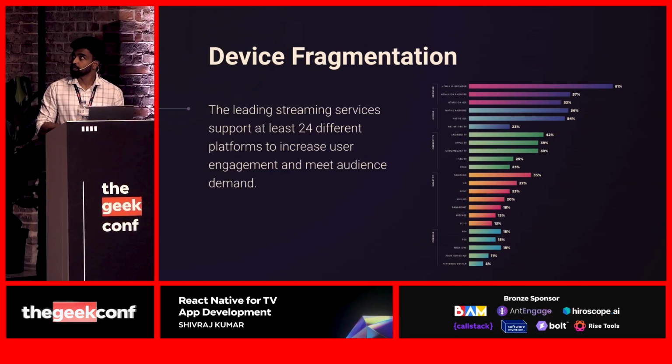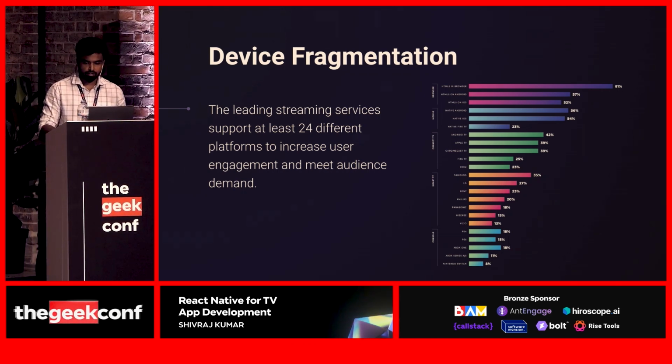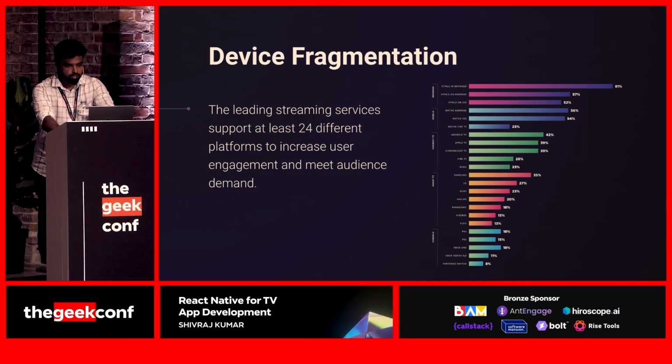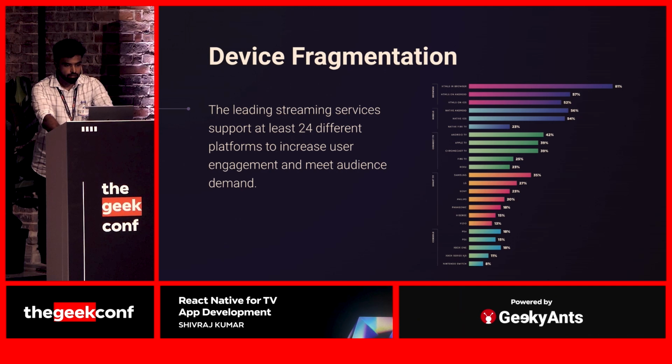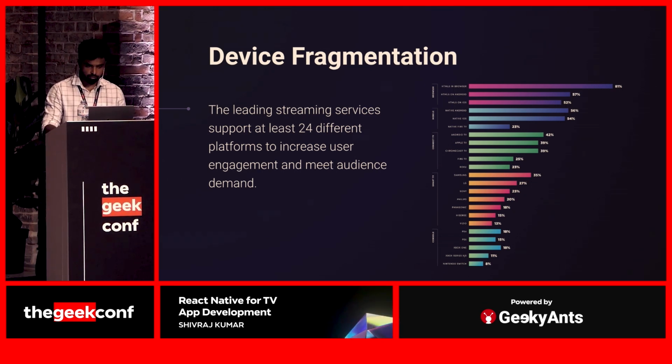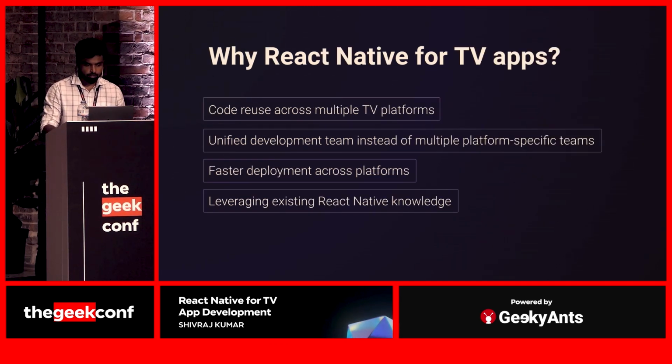But when it comes to TV, there are a lot of different platforms and OSs that we have to support, nothing like what we have for web and mobile. Some of the platforms we can see are Android TV, tvOS, web-based systems like Tizen for Samsung or WebOS for LG, and Roku, and there are many more that we have to support when it comes to streaming media on TV.